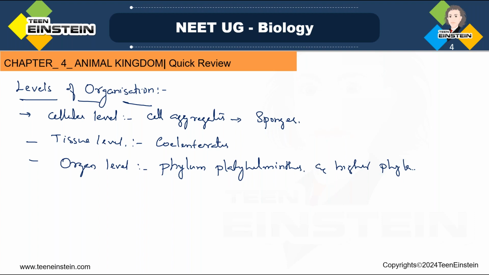Okay, then organ system level. See here the developmental stage. First is the cellular level, then tissue level, organ level, then organ system level. Organ system means an association of organs making a function. All these organs are working together and associating together to perform a function.